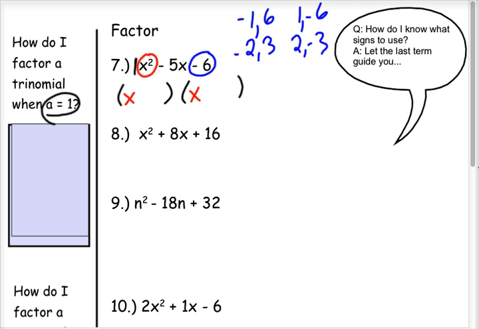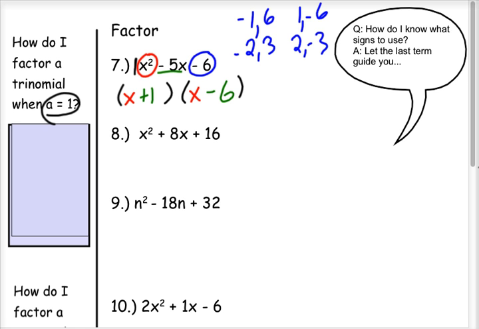The x squared is by itself. So remember, in these instances, it really is as simple as picking now from those 4 which ones will add to give you that negative 5x. And if you look carefully, you should get the plus 1 and the minus 6.